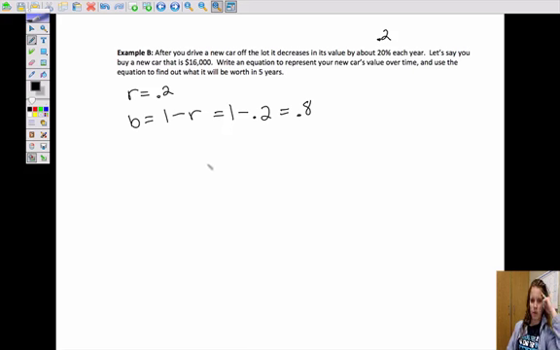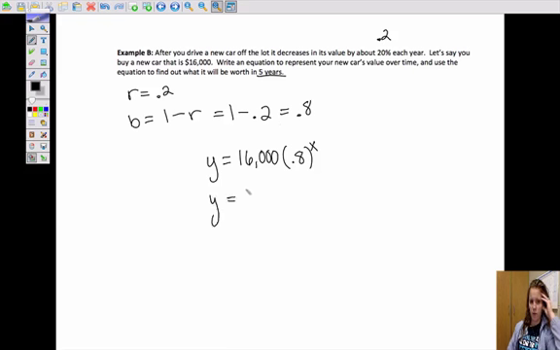So our equation here is going to be y equals, our starting value is $16,000, and then we're going to take that times 0.8 because we're keeping 80%, we're losing 20% each year. Okay, and so if we want to talk about the value of the car after only 5 years, we're going to take y equals $16,000 times 0.8 to the 5th power.